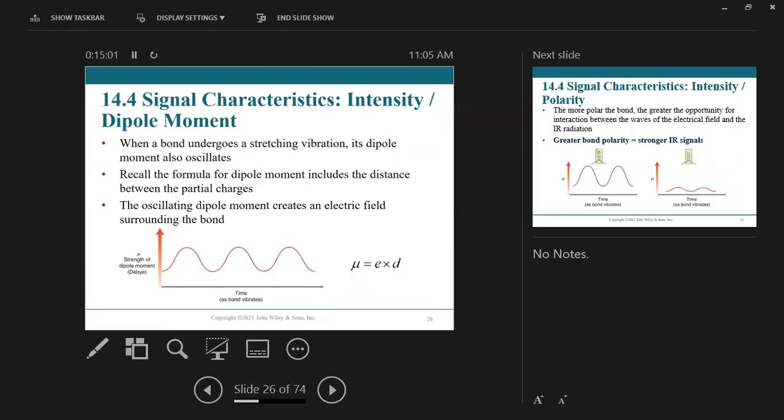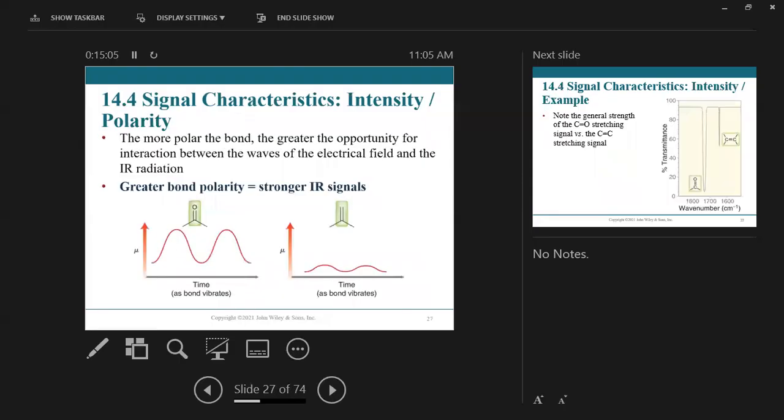And where are we going with this? So the greater the bond polarity, the stronger the IR signal. So we see we have a partial positive here, partial negative here. We have a greater bond polarity, so we're going to have a stronger IR signal. We can see that right here.